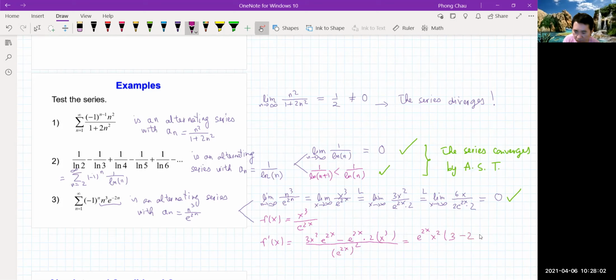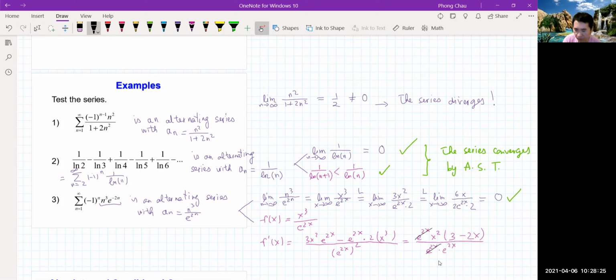You take out x squared, you have an extra x there. It's all over e to the 2x squared. It's actually e to the 4x. But I'm going to write e to the 2x times e to the 2x separately, right, squared. So you can see there is a cancellation there.